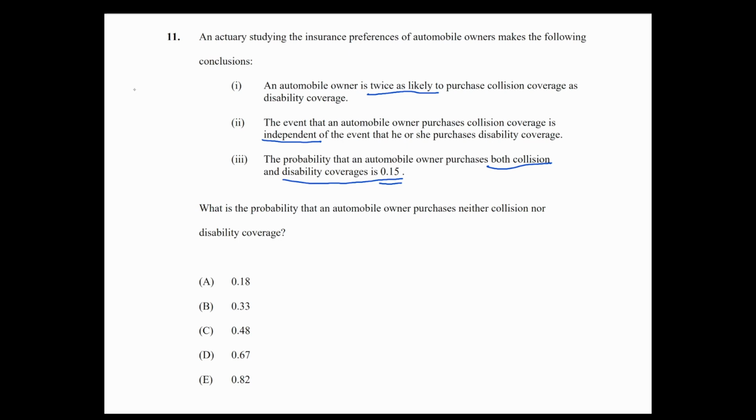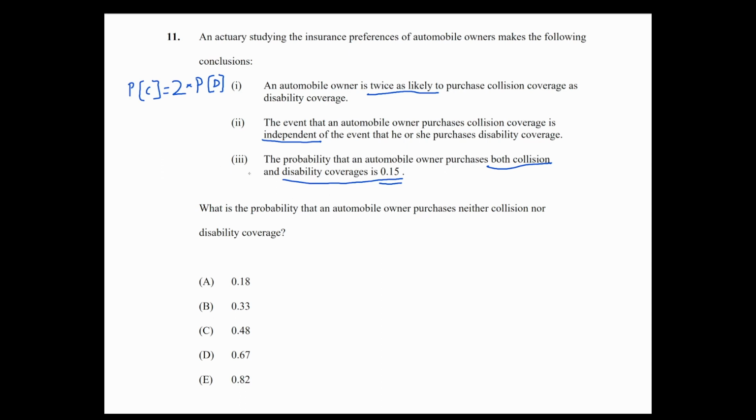The probability that someone purchases collision is equal to 2 times the probability that someone purchases disability. Okay? Now that's done.